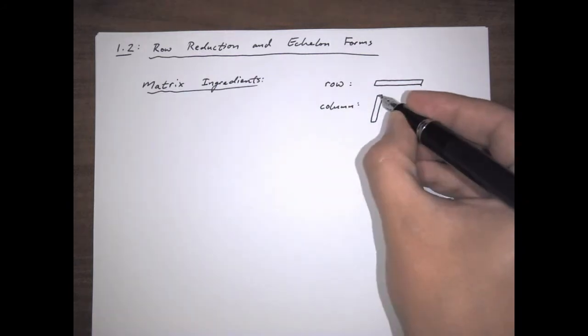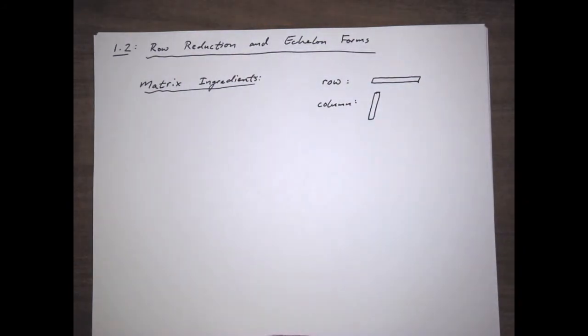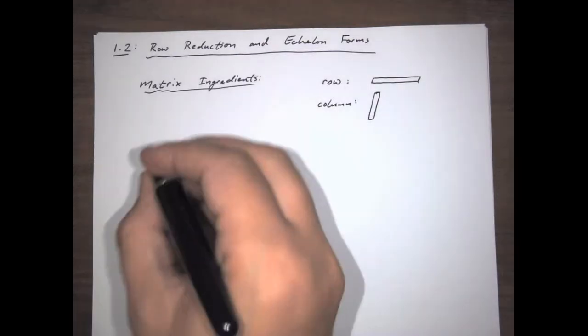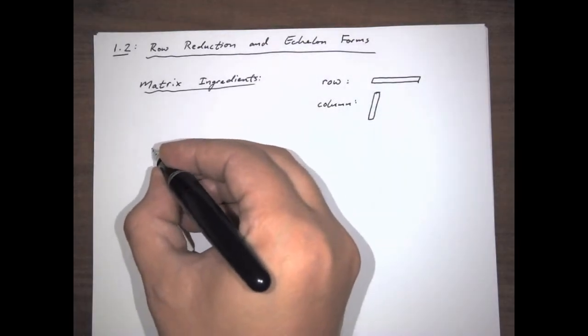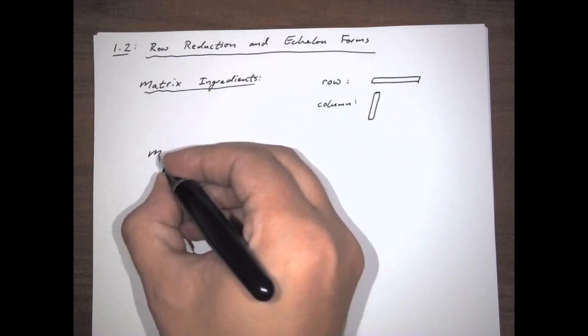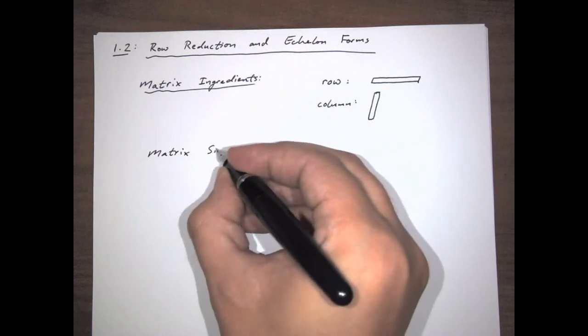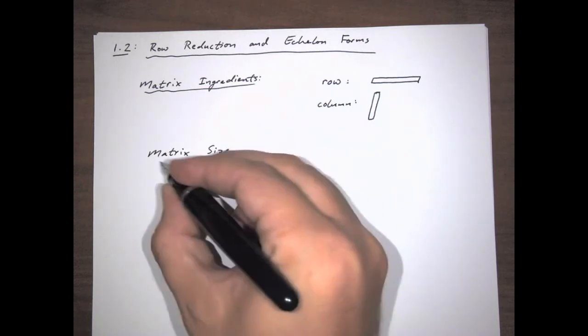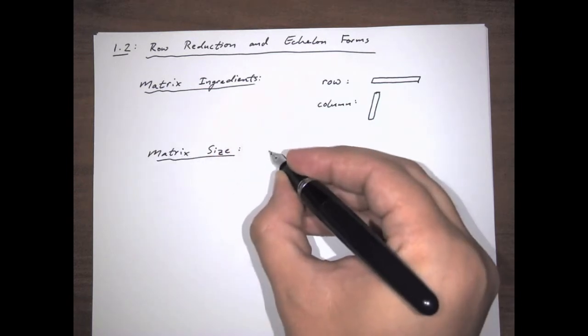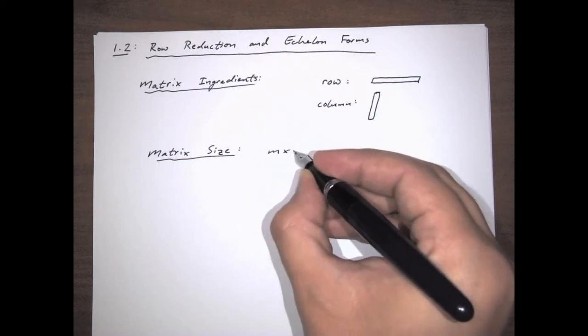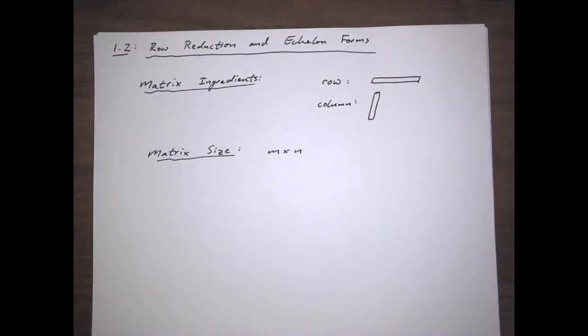And then matrices are described by their size, and in particular how many rows by how many columns. So, matrix size: you'd say m by n, and you do the by with like a little x.